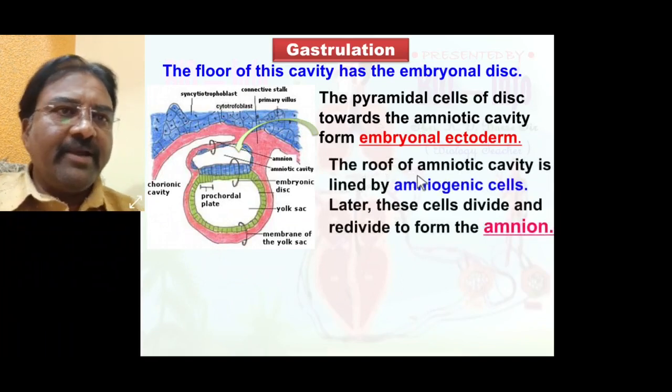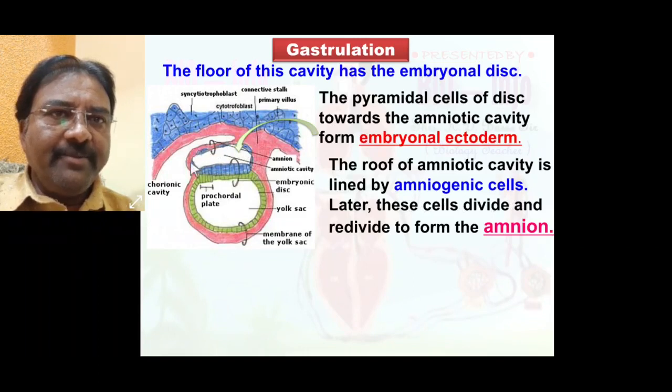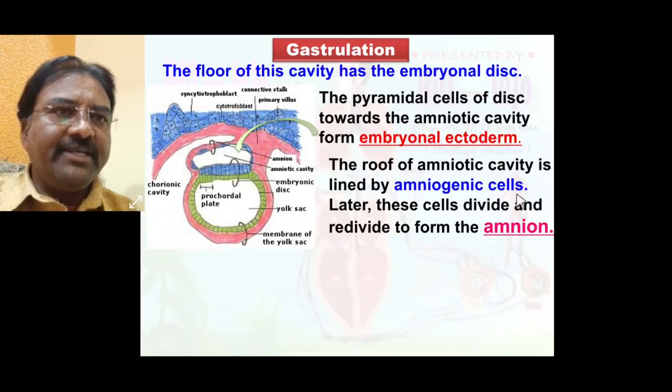The roof of the amniotic cavity is lined by amniogenic cells. Later these cells divide and redivide to form the amnion.